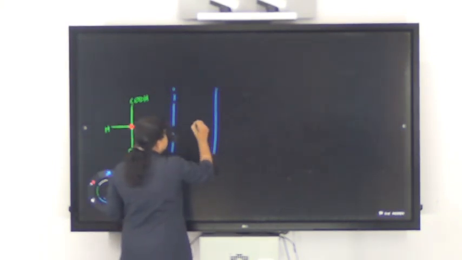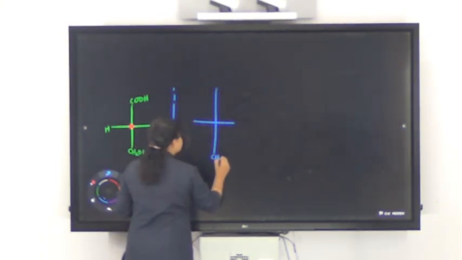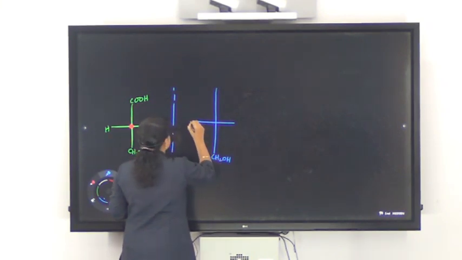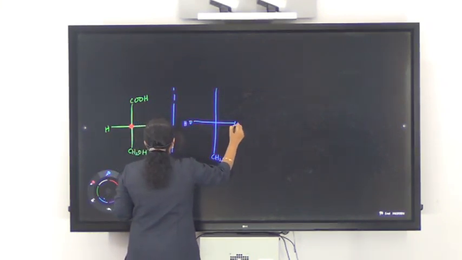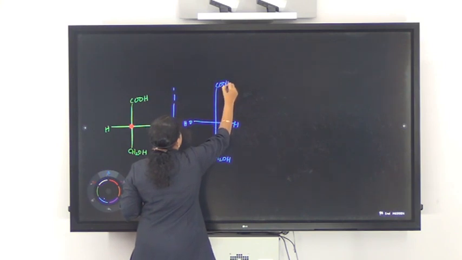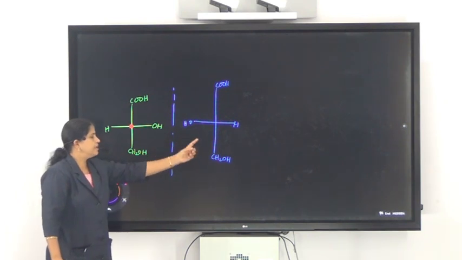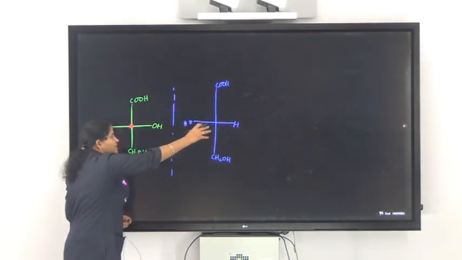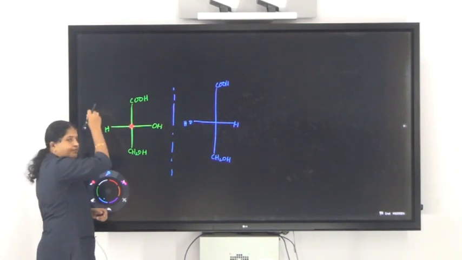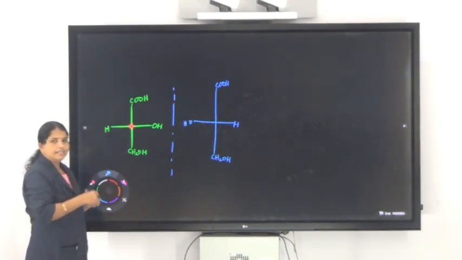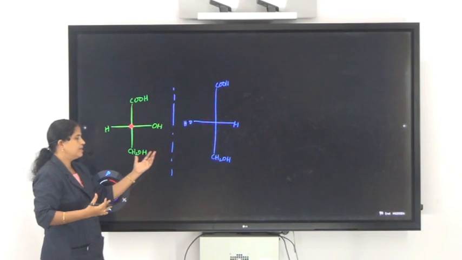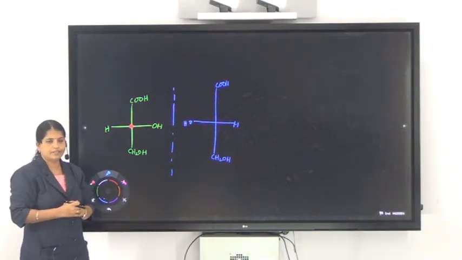Then take the mirror image of this one. This is the mirror image. Then take that mirror image and put it on the surface of this original molecule, then that looks different. Therefore, these are non-superimposable mirror images.